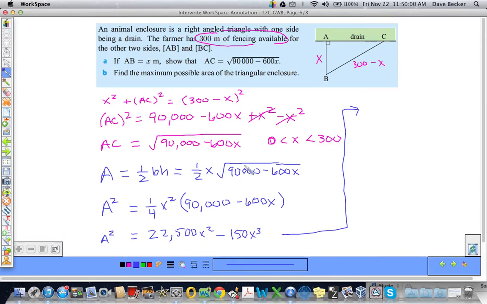Let's do it this way. d/dx of A squared is going to be equal to, and this is much easier to take the derivative of, 45,000x minus 450x squared. Now to find the maximum, I need to find a possible turning point, so I would set this equal to 0.